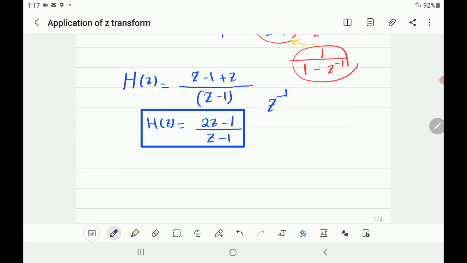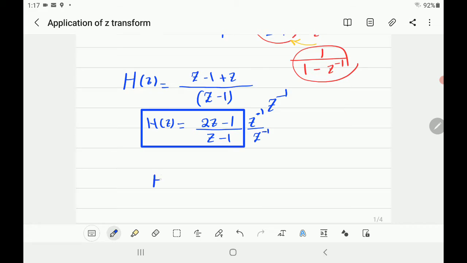All what you're supposed to do, look for the highest power of z. You find z to the power 1 is the highest one, right? So multiply by z to the power negative 1. If the highest power was z squared, you multiply the top and the bottom by z to the power minus 2, okay? So that's just very simple. In this example, it's really easy because the highest power is z to the power 1. So multiply the top by z to the power of negative 1 and divide by z to the power of negative 1.